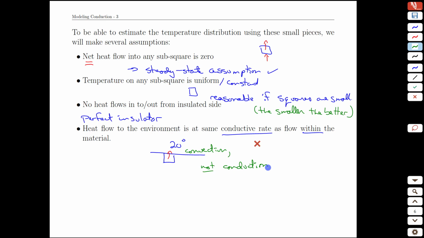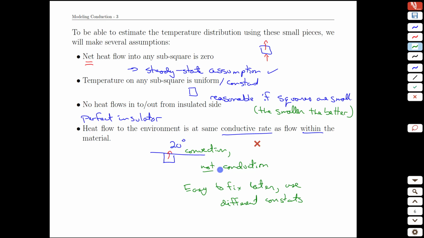So why would we make that assumption? Purely for illustrative purposes. It would be easy to fix later on. The equations end up being almost the same, just using different constants for different kinds of heat flow. But it's going to make our life a lot easier just going through the conceptual side if we model everything as conduction.